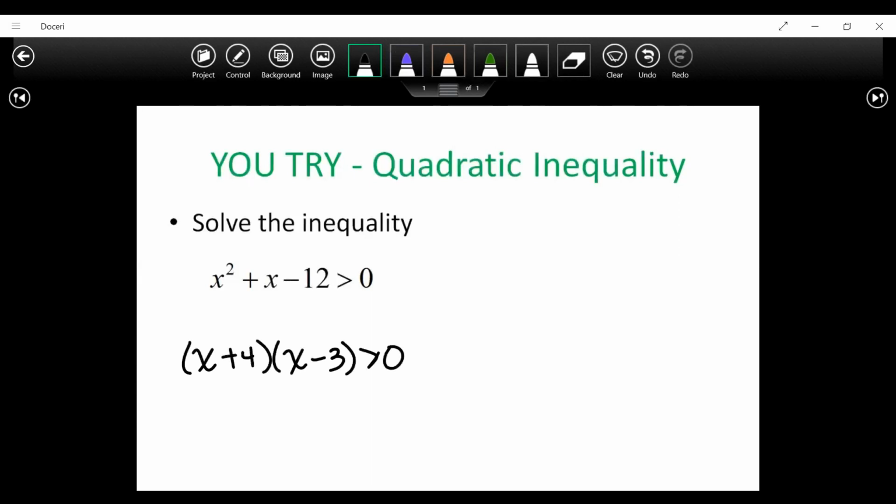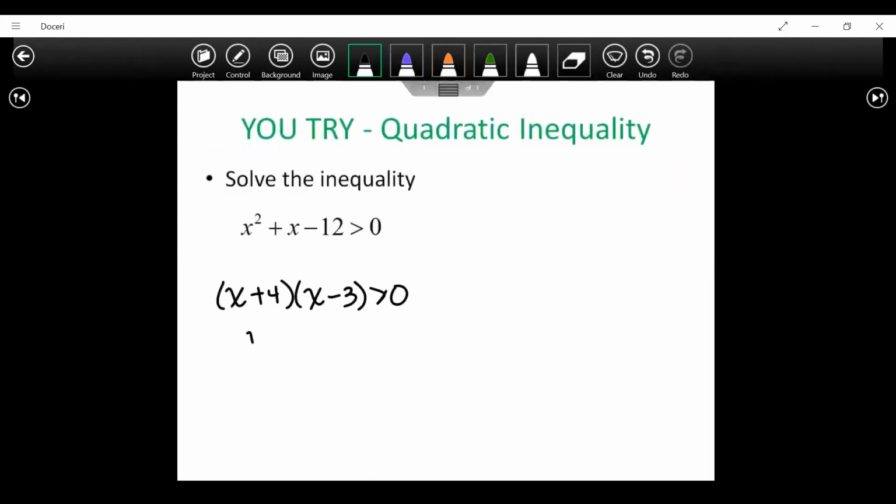X plus 4, x minus 3. Open or closed circle?